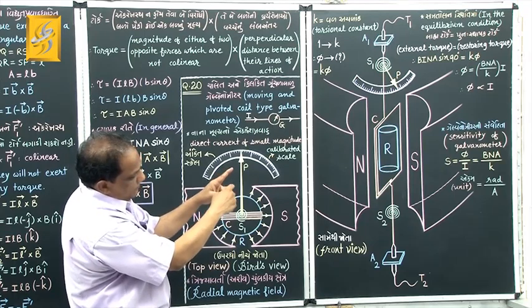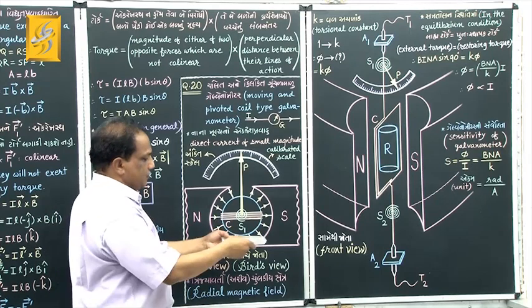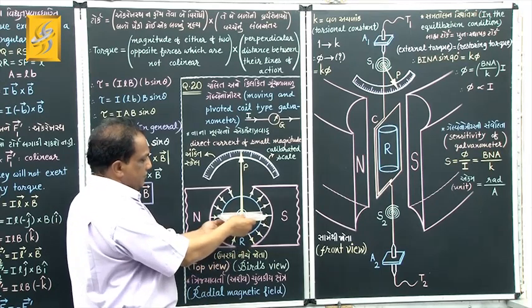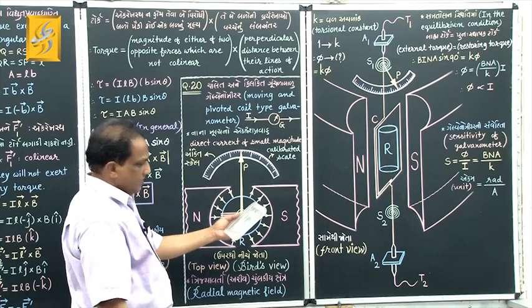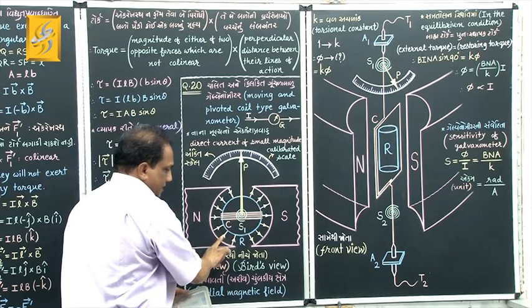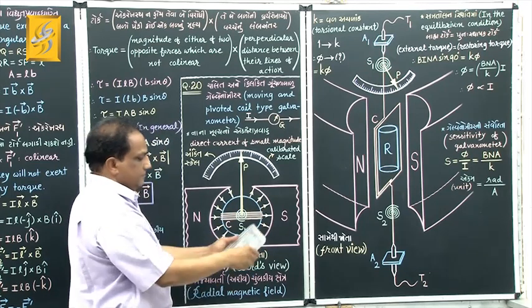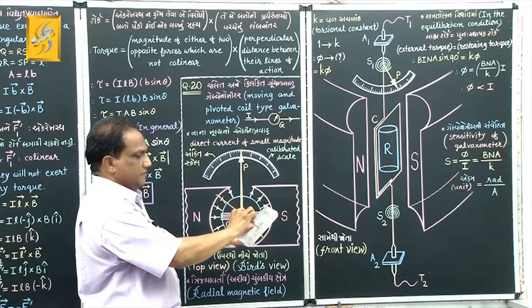Mutually perpendicular, correct? If the coil is getting deflected this way, suppose, from this position it is getting deflected this way, then the effective magnetic field is this way, and the area vector will be like this, correct?